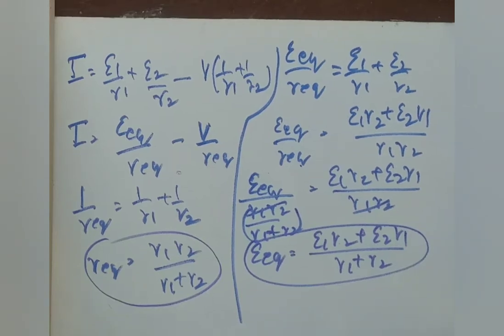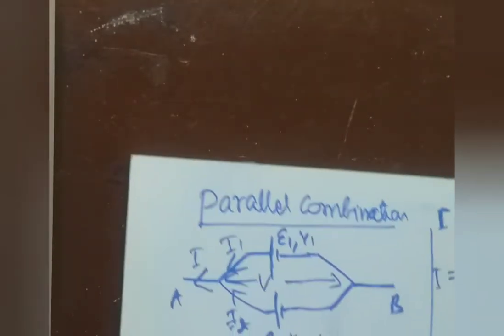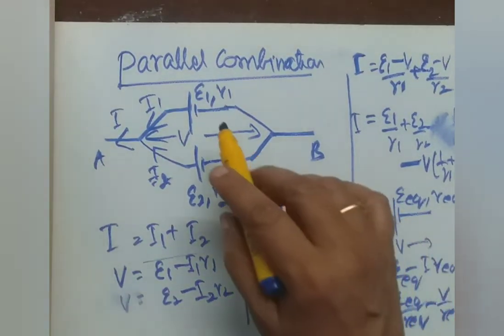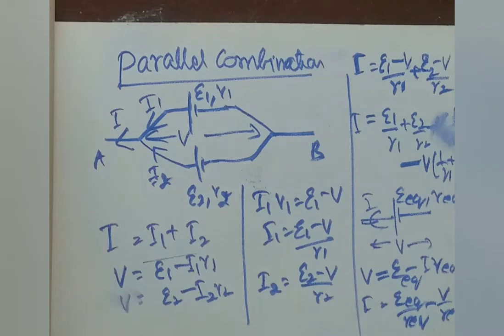We just go through the derivation once again. Just observe. Say we have two cells, each of EMF E1 R1 and other is E2 R2, connected in parallel between 2 points A and B. Now, as they are in parallel, their terminal potential difference should remain same.